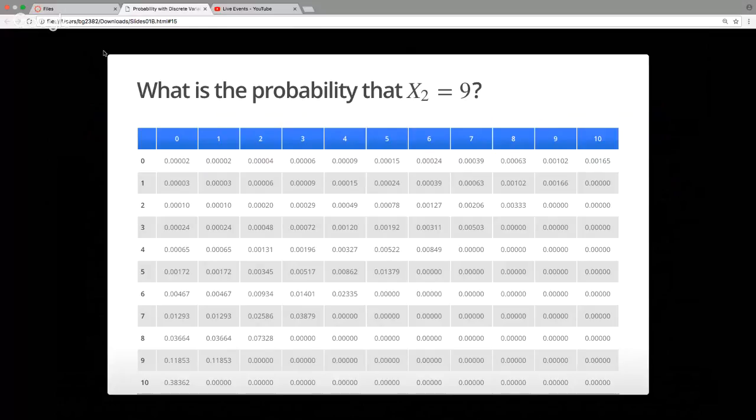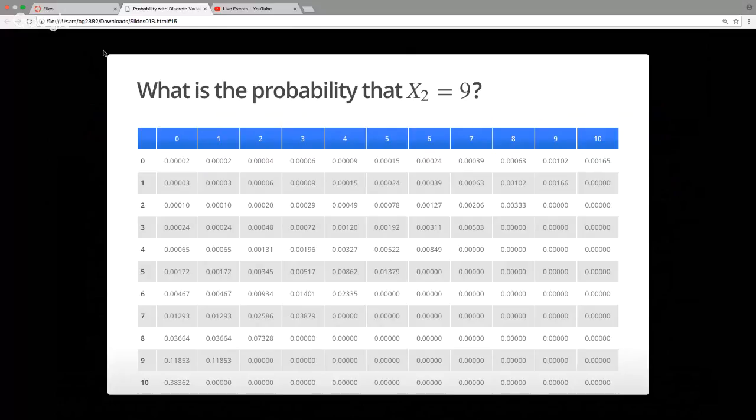So these two correspond to a disjoint but exhaustive set of things that we need to add in order to get the probability of knocking down 9 pins on the second roll, irrespective of what happens on the first roll. And that is two small numbers that are a little less than 0.003 added together. Questions about how I came up with that? Or we came up with that?